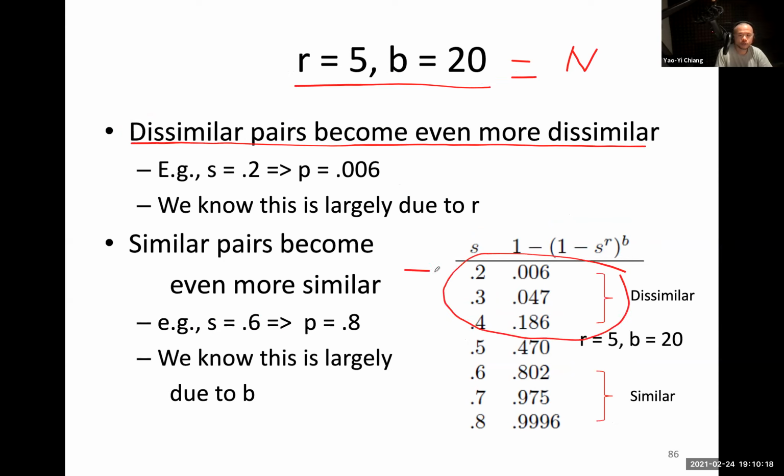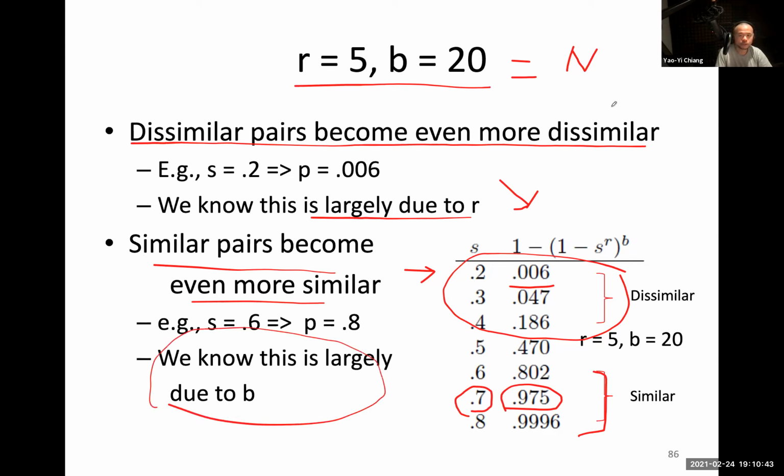So 0.2 will have very low chance to become a candidate. And we know this is largely due to R, right? R pushes it to the right. Similar pairs become even more similar. So 0.7, you already have 0.975 chance to become a candidate. We know this is largely due to B because you push the curve to the left.